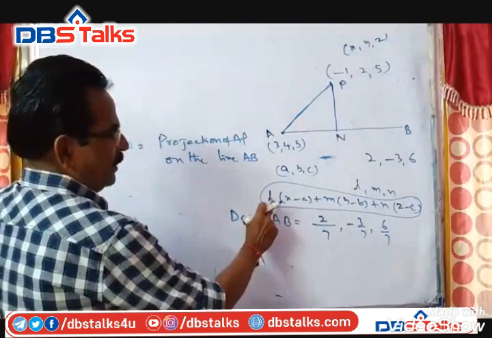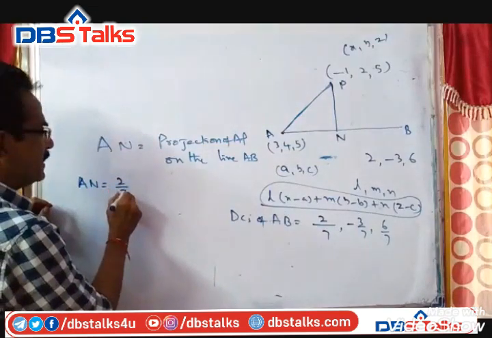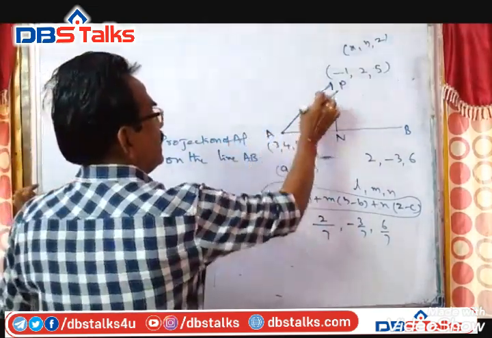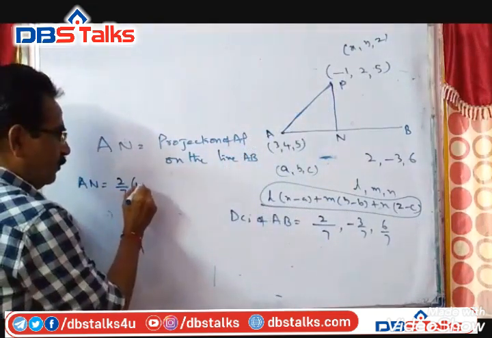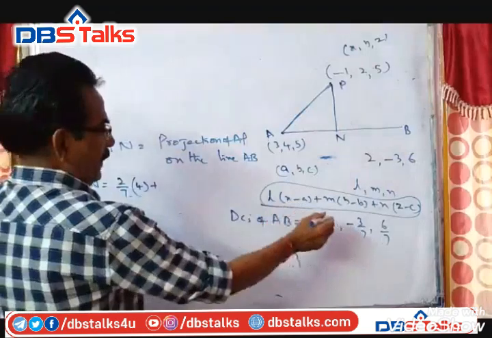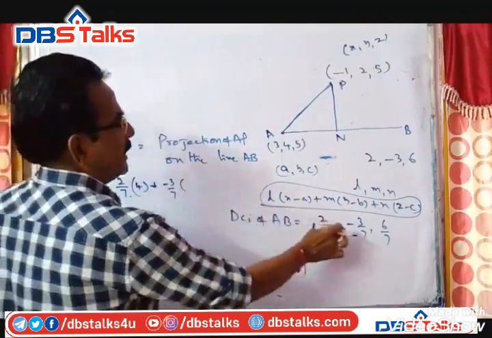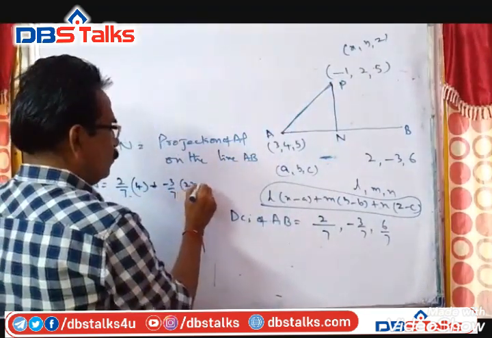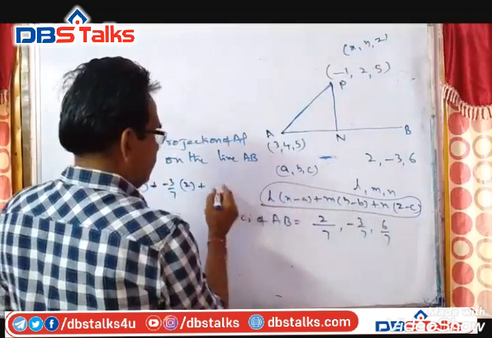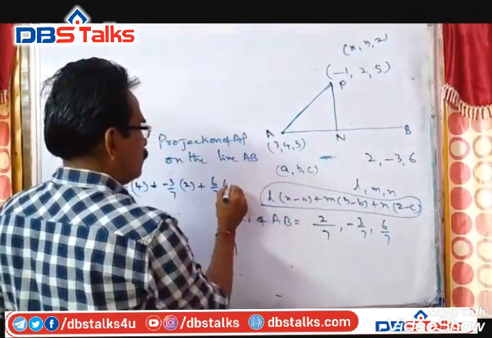Now let us find AN. AN is equal to l into (x minus a): 2 by 7 into (3 minus of minus 1), which is 4, plus minus 3 by 7 into (4 minus 2), which is 2, plus 6 by 7 into (5 minus 5), which is 0.